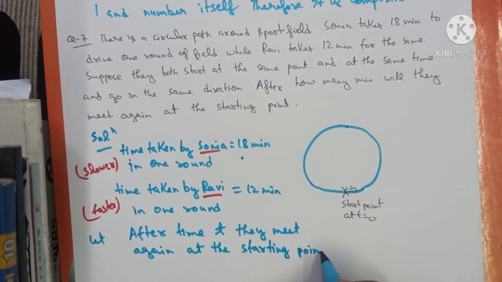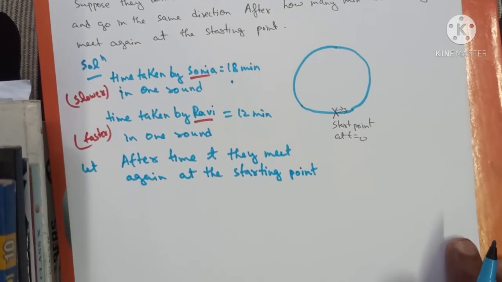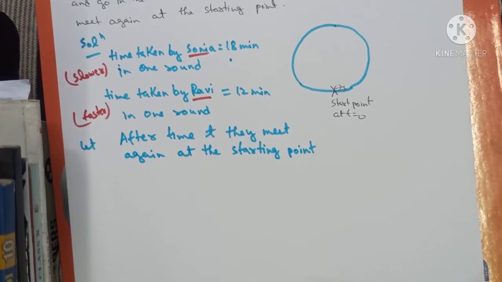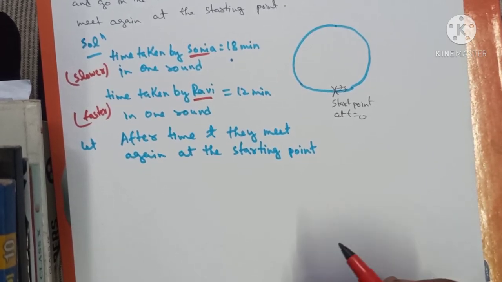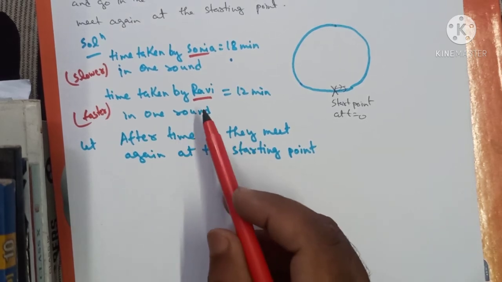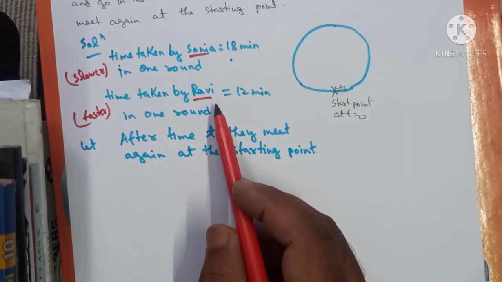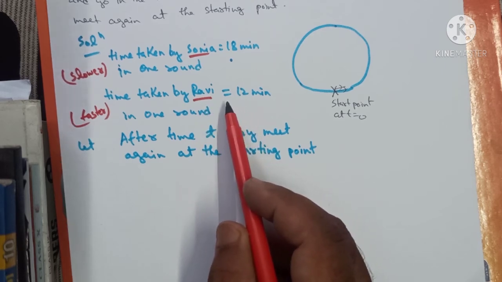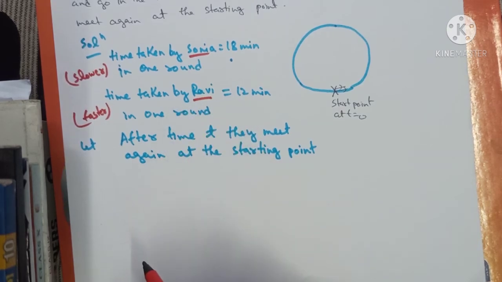Let us consider that they are meeting again at the starting point after time t. So the number of rounds taken by Ravi and by Sonia will be different because the time per round is different. Obviously, after time t, Ravi will take more rounds and Sonia will take fewer rounds.